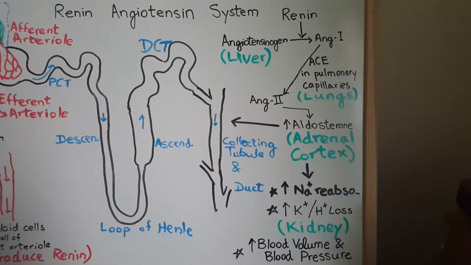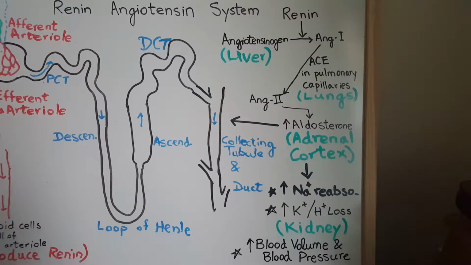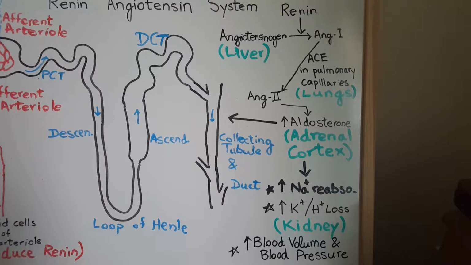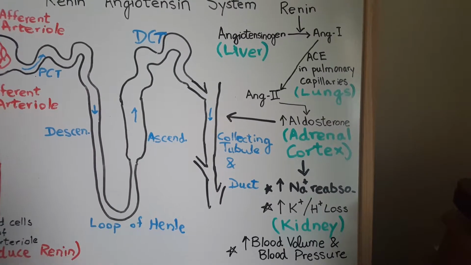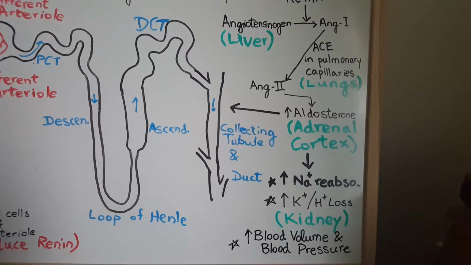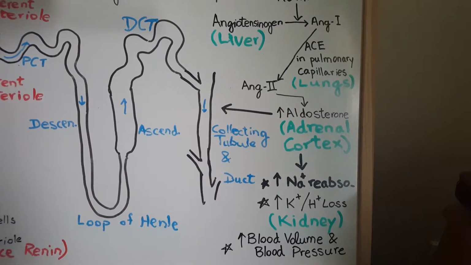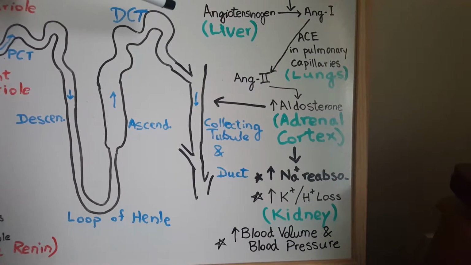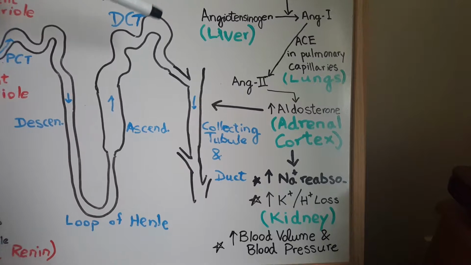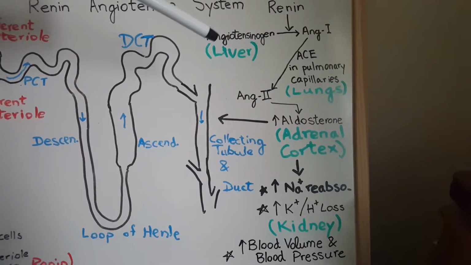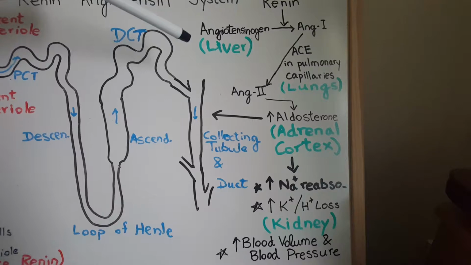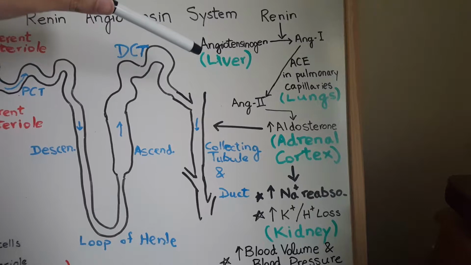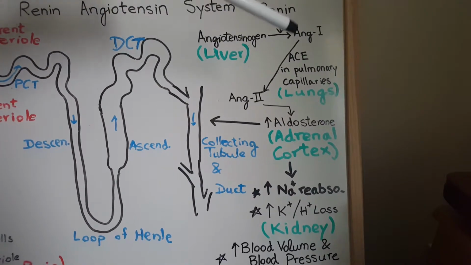So when renin is produced in response to low sodium in the distal convoluted tubule or in response to sympathetic stimulation, it enters the bloodstream. There is another substance called angiotensinogen produced by the liver. Renin acts on angiotensinogen and converts it into angiotensin 1.